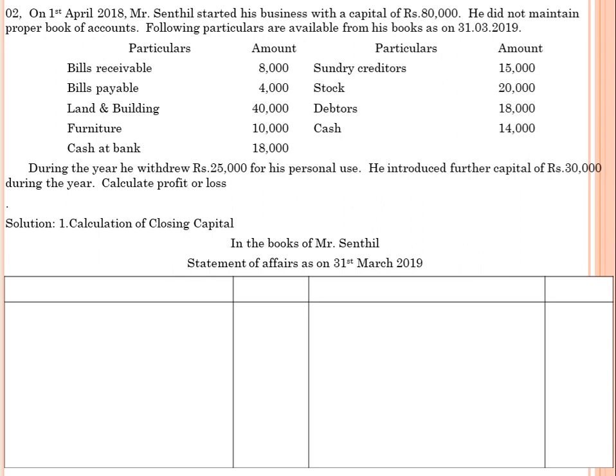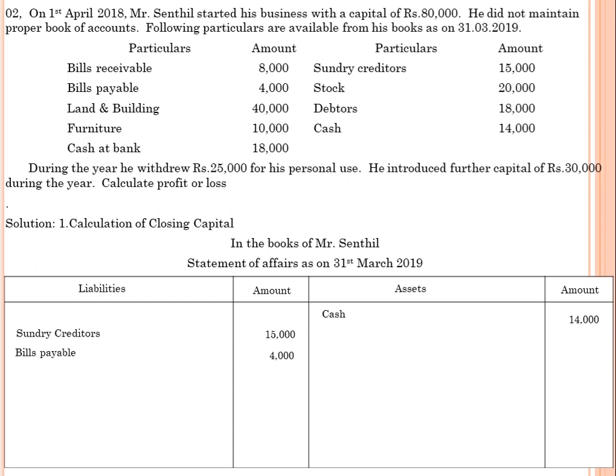Divide into 4 columns: liabilities, amount, assets, amount. First start from the liability side: sundry creditors 15,000, bills payable 4,000. Only two pieces of information are given on the liability side.